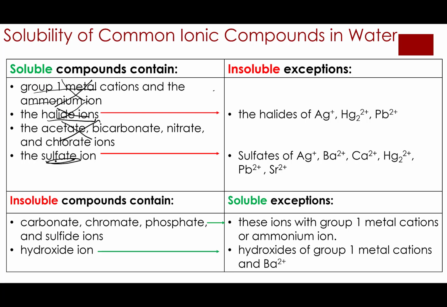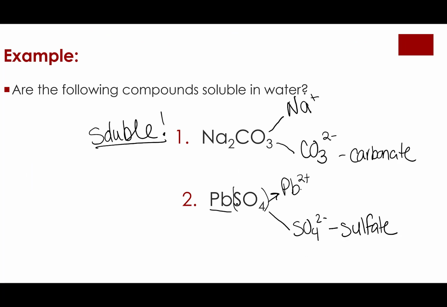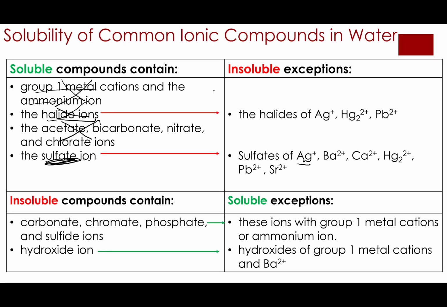Oh, sulfate, that was one of ours, right? So sulfate ion is typically soluble unless it's attached to one of these. So silver, oh, what was it attached to again? It was attached to lead. So silver, nope. Barium, nope. Calcium, nope. Oh, there's lead. Okay.